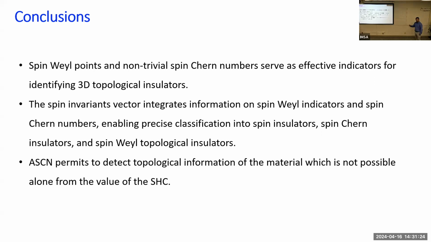And this is, I think, an open door to explore the topological material with the spin topology. And the average extinction number could connect information of the topological material that is not possible with the spin conductivity. I hope that you enjoyed the talk, and thank you to Bernardo, my collaborator.